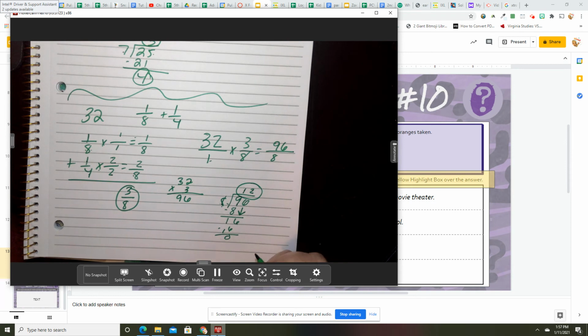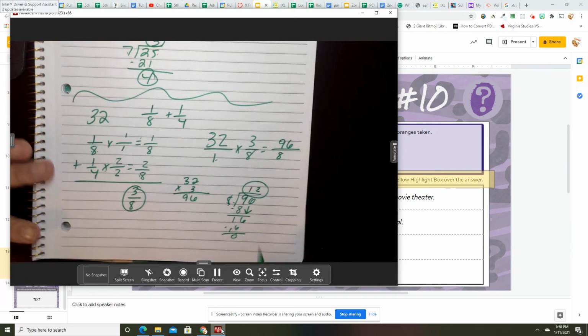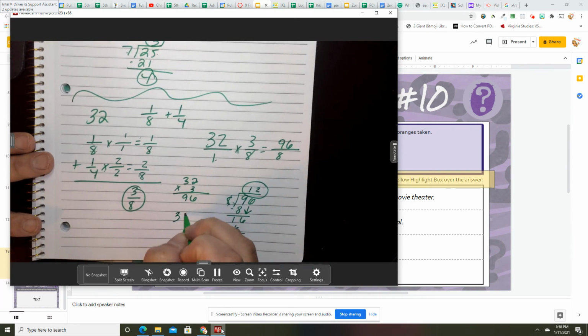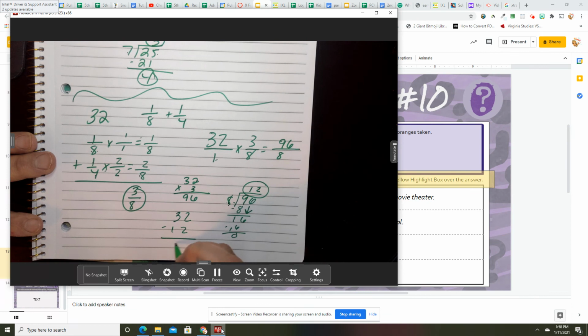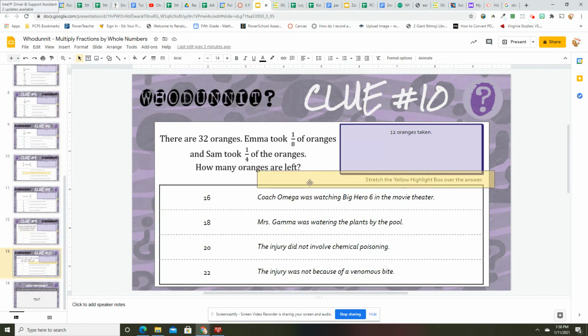So you only have the whole number, and that's 12. If you go back, 12 is not an option because 12 is how many were taken. We need to find out how many are left. So you take 12 and subtract it from 32, which is 20. So there are 20 oranges left.